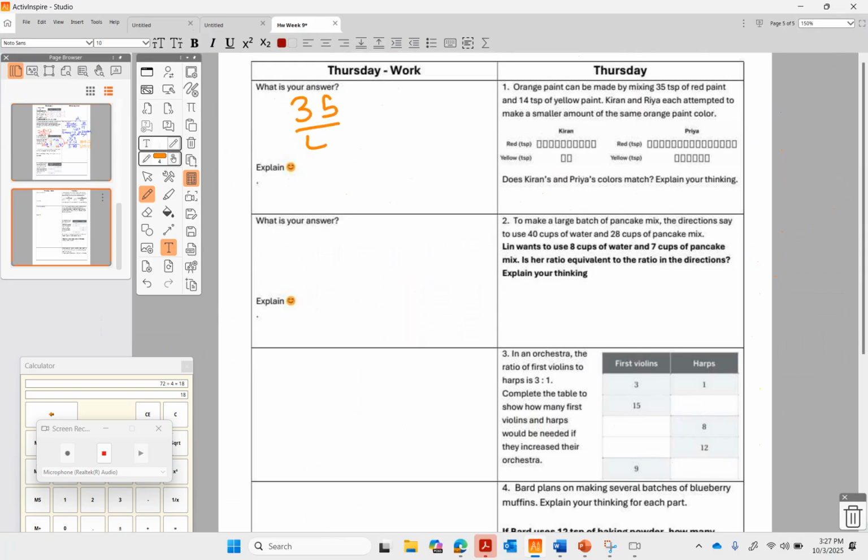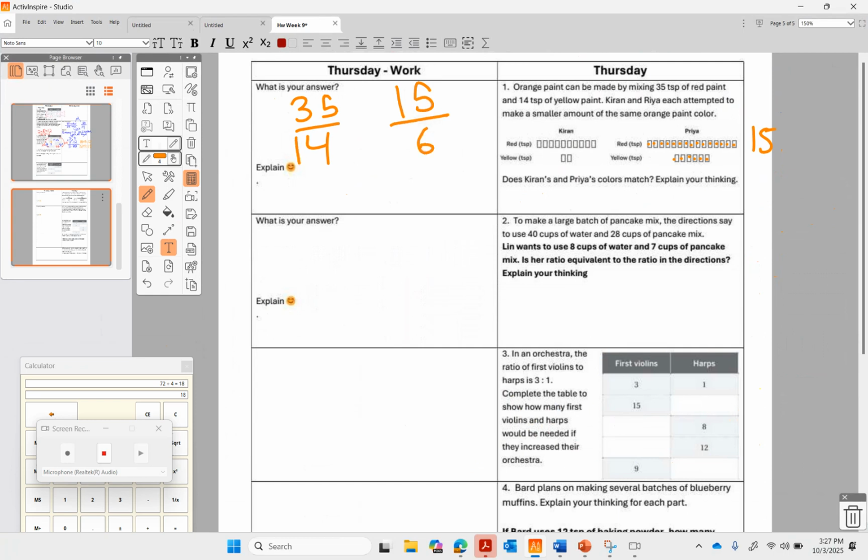Priya has, I'm going to put my glasses on, 15 and 6. But that should be, okay.